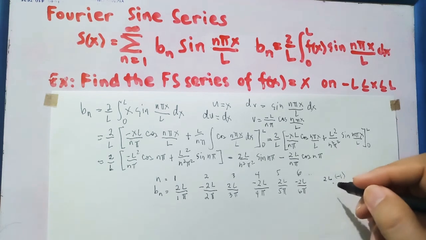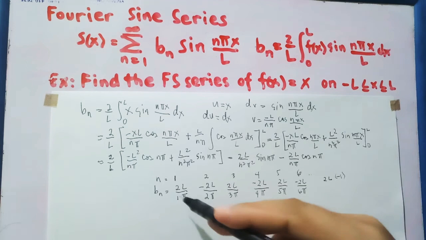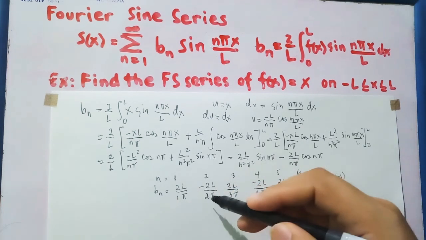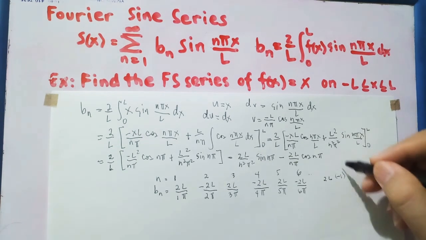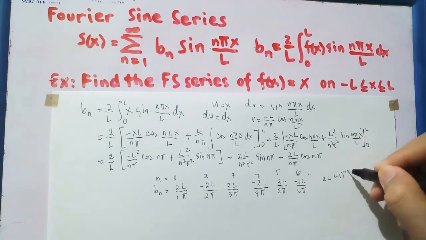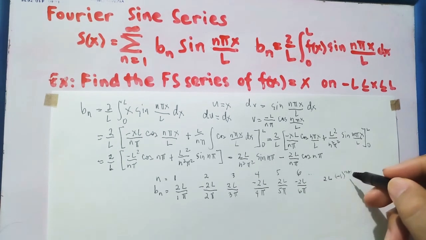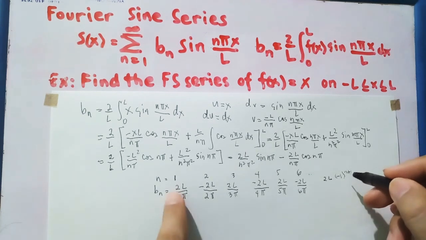Negative 1 times 2, that becomes negative 2. Notice that when n is equal to 1, you have here positive. When n equals 2, you have here negative. That means n plus 1. When n equals 1, 1 plus 1 equals 2, negative 1 raised to 2 becomes positive.